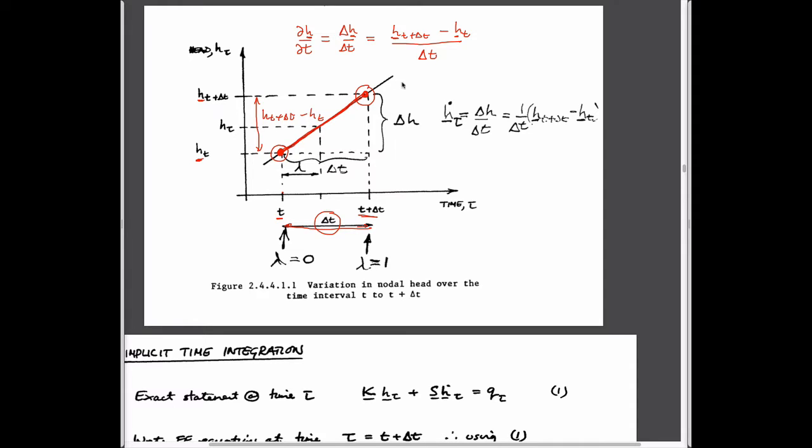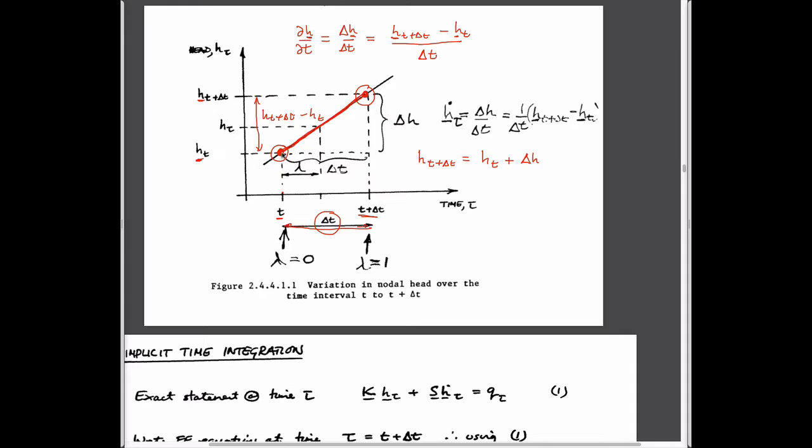The other way I guess we could think about this is that if we know the value of head at this point, we could calculate the value of head at this later point by just doing a straightforward manipulation. So the head at time t plus delta t would be equal to the head at the previous time plus, what would it be? We could write out this differential plus delta h. So this is the change in head that occurs between these two.